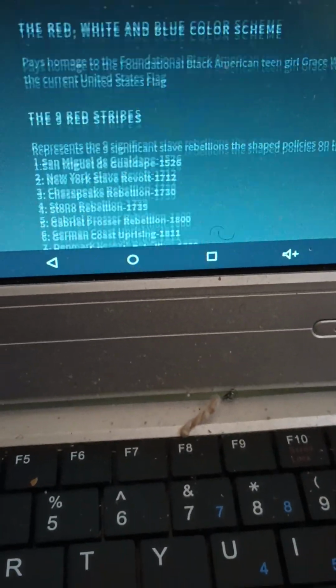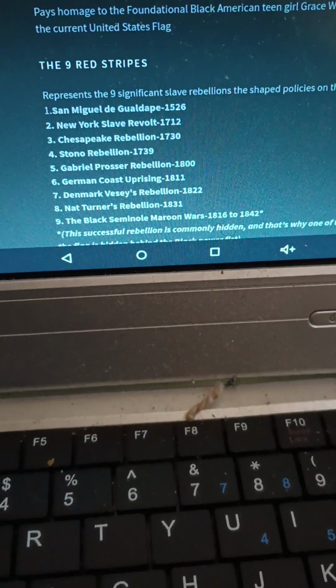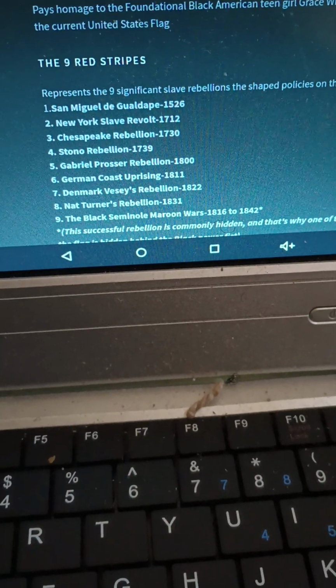Then it says the 9 red stripes represent the 9 significant slave rebellions that I guess they meant to say shaped policies on this land.